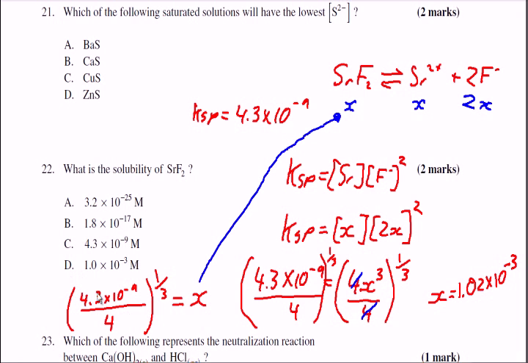Now this is 2 sig figs, of course, so I need to change this to 2 sig figs, so it would be 1.0 times 10 to the minus 3. And that is our answer right here, and that happens to be one of our multiple choice answers, and it is D.